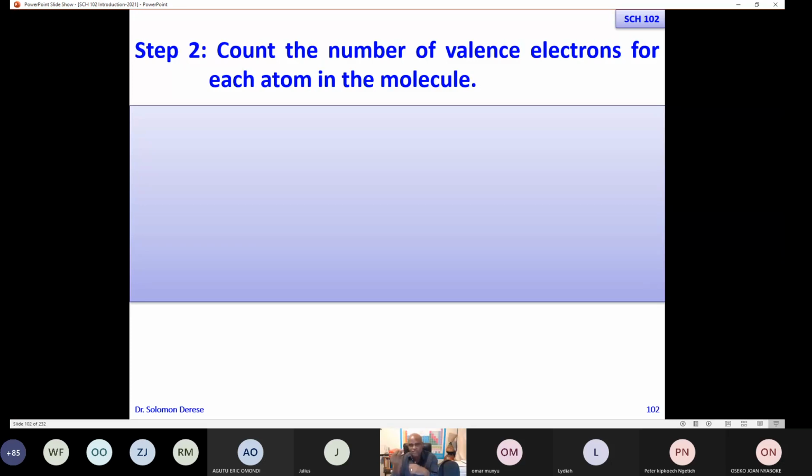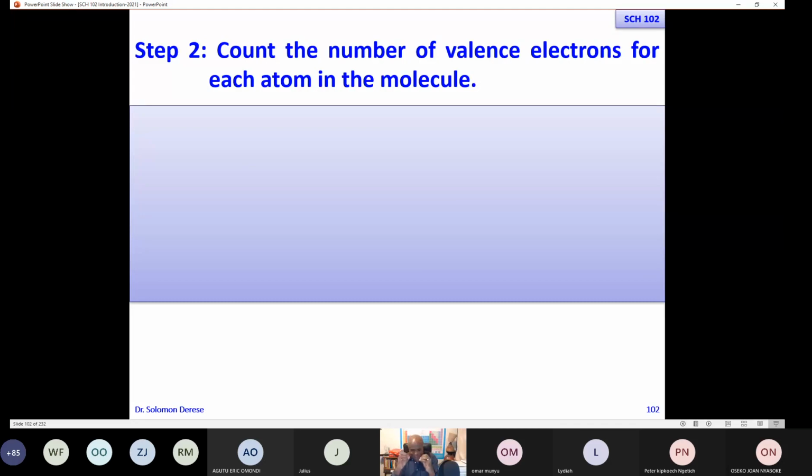Carbon has got 4 valence electrons. Hydrogen has got 1 valence electron, but we have 4 hydrogens in methane. So 4 times 1, 4 electrons for the 4 hydrogens, plus the 4 electrons of carbon, giving methane a total number of 8 valence electrons, which it can use in forming a bond.